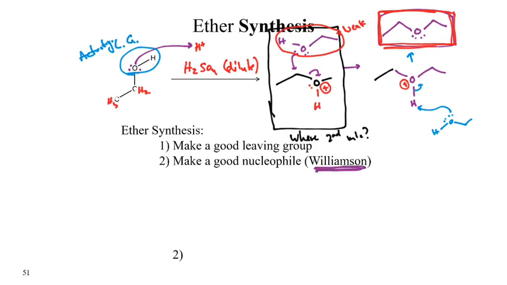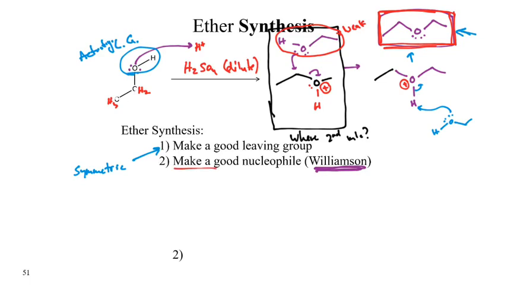And this becomes a more versatile synthesis, not necessarily better, because when we're looking at our make a good leaving group mechanism, the end result is always going to be a symmetric ether. Because the weak nucleophile that we're adding is the same as the source substrate. So we're going to end up with a symmetric ether.